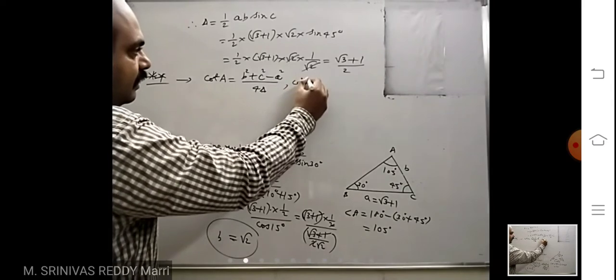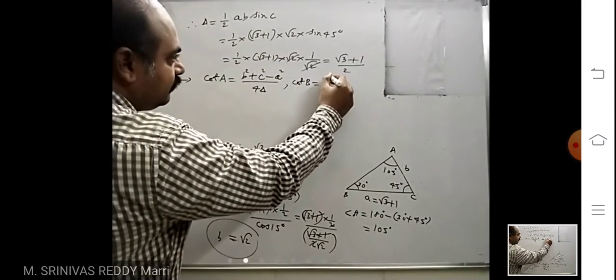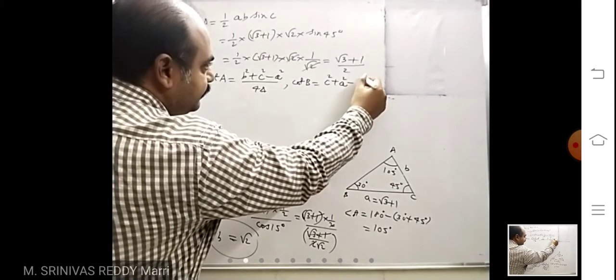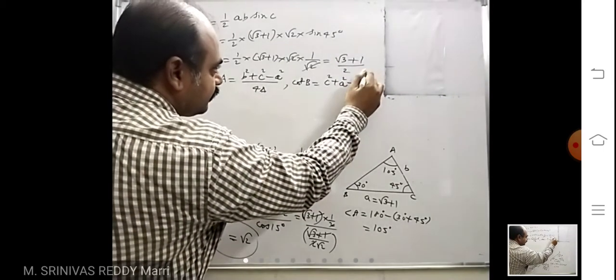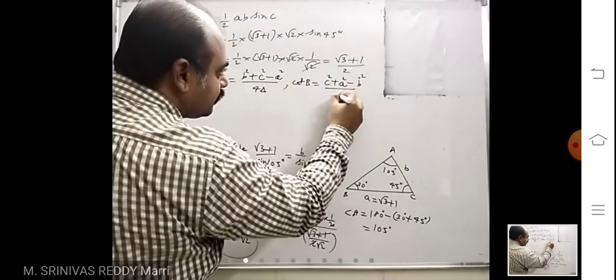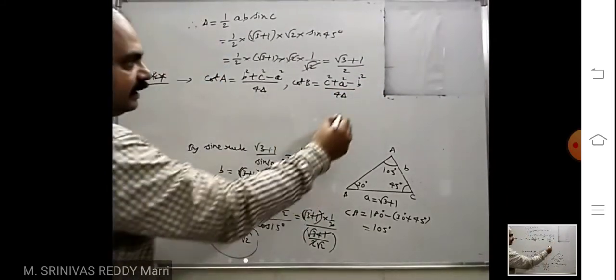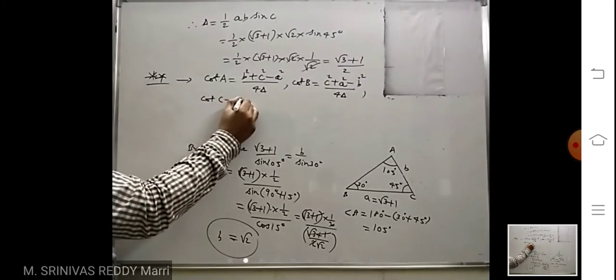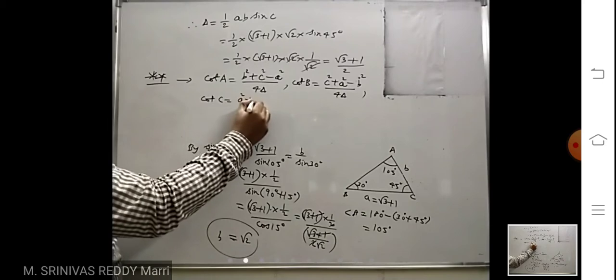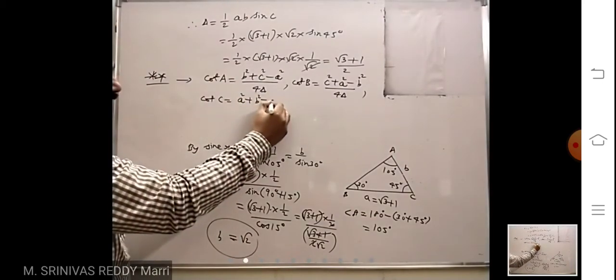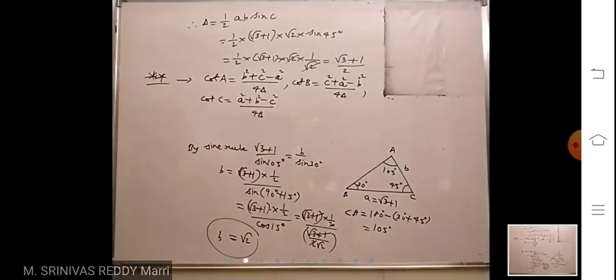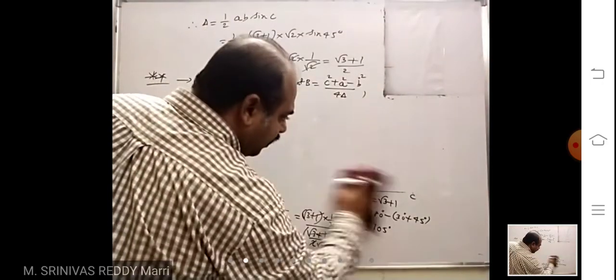Next, cot B, whenever you write, is c square plus a square minus b square divided by 4 delta. Cot C you will get as a square plus b square minus c square divided by 4 delta. Look at how I will derive cot A; similarly the remaining you will get.